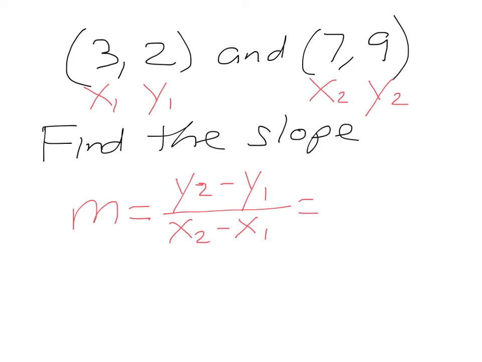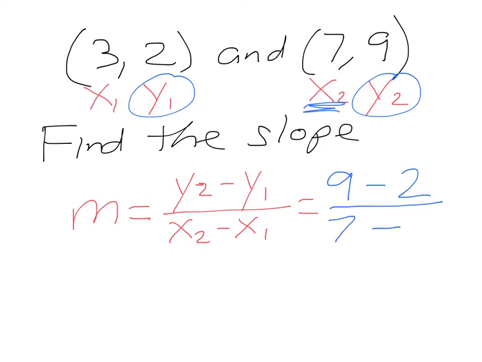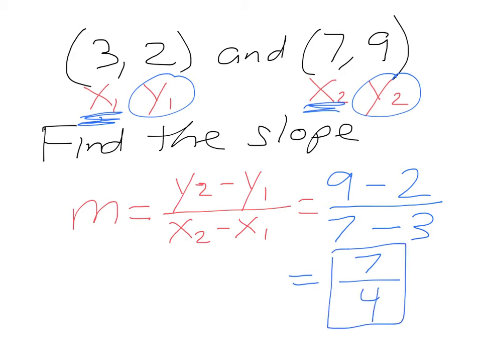We take the y sub 2, which is 9, minus y sub 1, which is 2, over x sub 2, which is 7, minus x sub 1, which was 3. 9 minus 2 is 7. 7 minus 3 is 4. So my slope is 7/4. And you have to leave it. Remember, slope was rise over run, so we're going to leave it improper or proper. We'll never turn it into a mixed number.